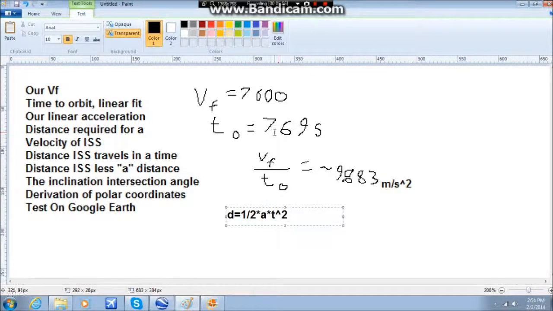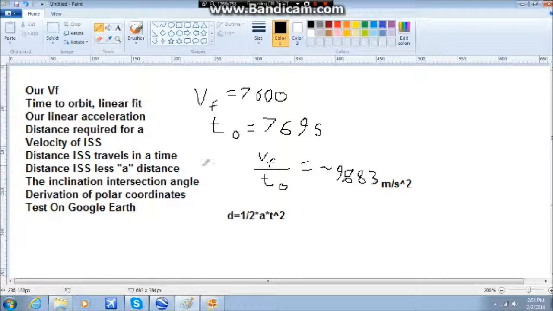T is going to be TO, time to orbit. We're squaring that, and we're multiplying it by 1/2 of A, which is our quantity here, 9.883 meters per second squared. When we do that, we find the distance, denoted dA, equal to 2,922 kilometers.